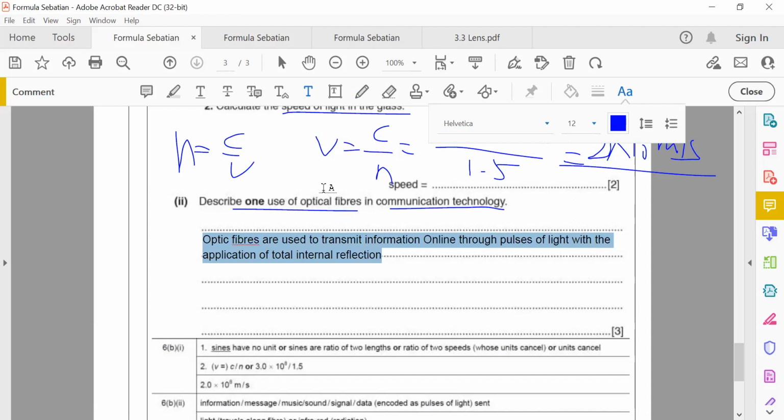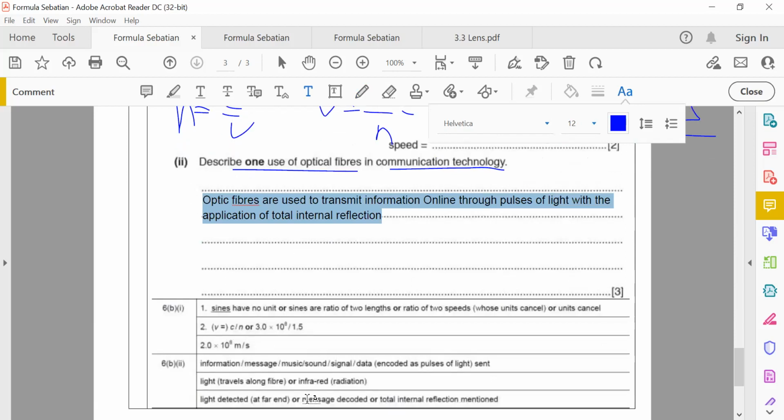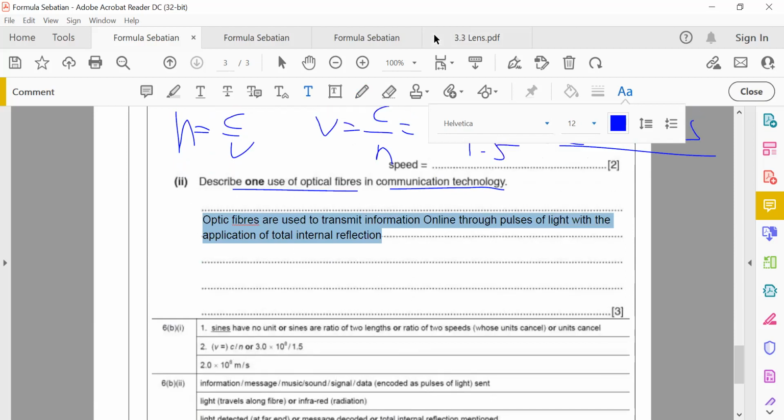Yeah, optical fibers are used to transmit information online through pulses of light with the application of total internal reflection. Yeah, something along the lines. Let's copy this down here.